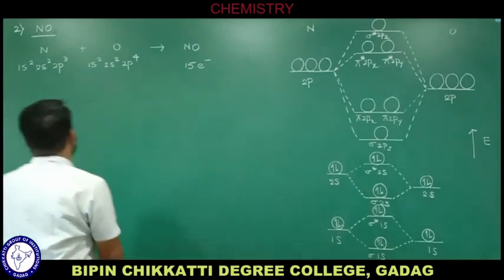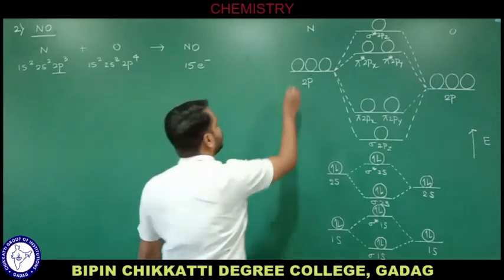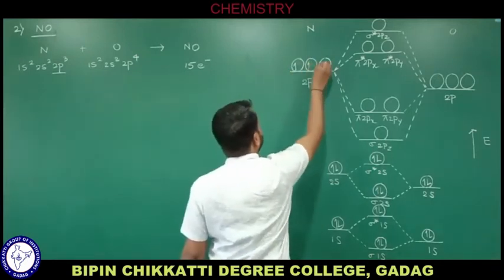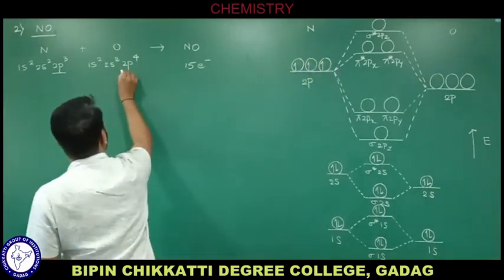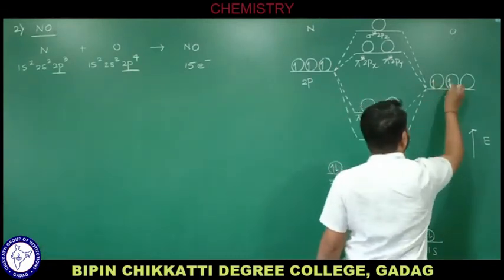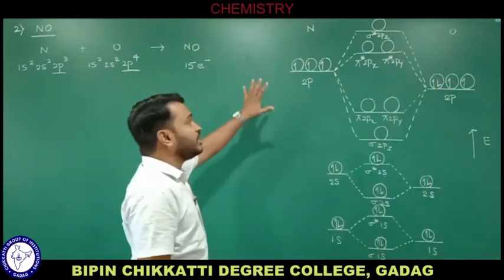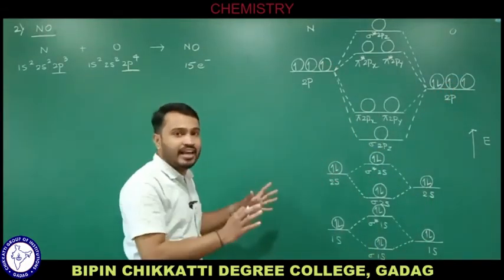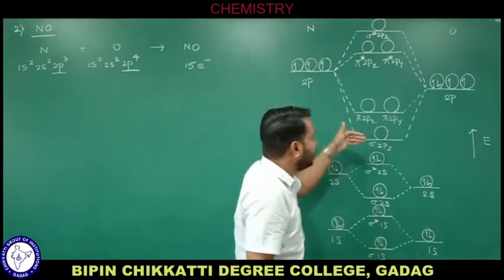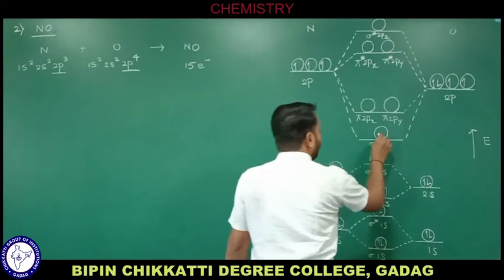Now in 2p of nitrogen we have 3 electrons. Follow Hund's rule: 1, 2, 3. In 2p of oxygen we have 4 electrons. Follow Hund's rule: 1, 2, 3, 4. Plus 3 electrons, totally 7 electrons have to be distributed in this 2p section. So how do you fill the 7 electrons?